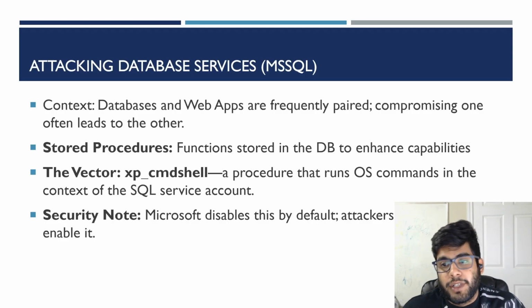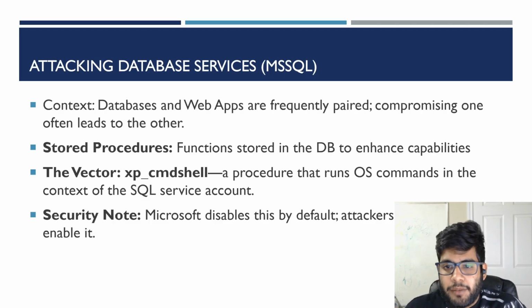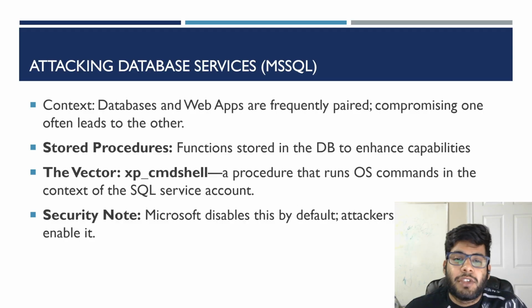So next we'll do databases. Databases are essential in almost all networks. Microsoft SQL is a great target. It has a feature called xp_cmdshell. It's usually disabled by default by Microsoft due to security concerns, because we can use it to run system OS commands using an SQL query.